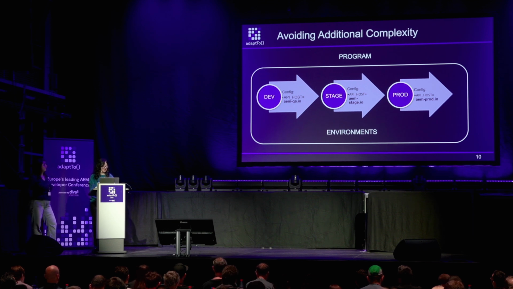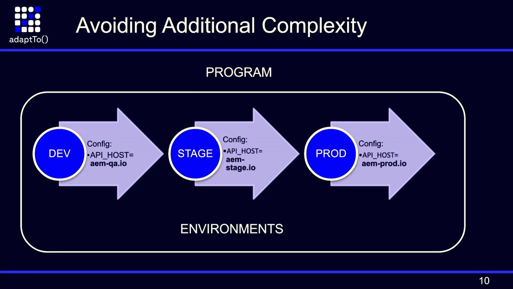This slide shows what a customer would have to do if they wanted to use a different API host, for example, in their stage environment. So assuming their extension was deployed with the initial value for the dev environment, they'd have to update this API host variable in the .env file and then redeploy it.